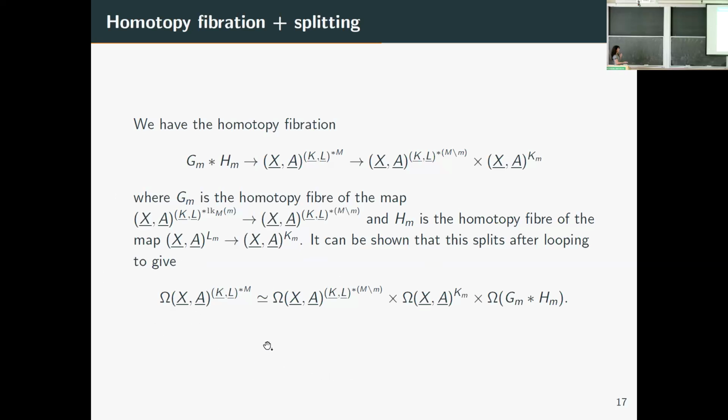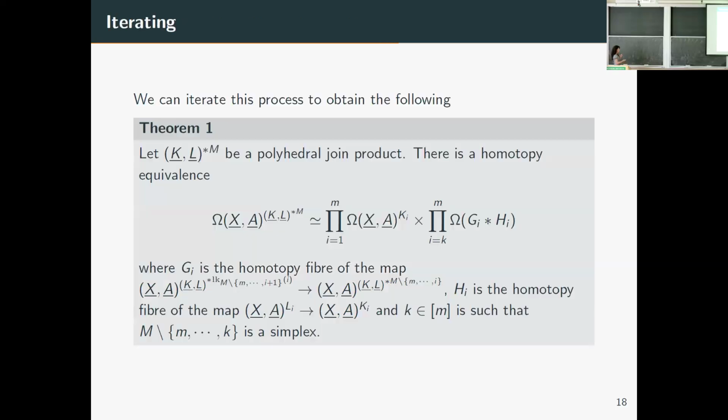homotopy equivalence here. If we look at the first term, we can see that this is actually a polyhedral product on a polyhedral join product. So we can repeat our prior argument, get a loop space homotopy equivalence for that, and substitute it in.